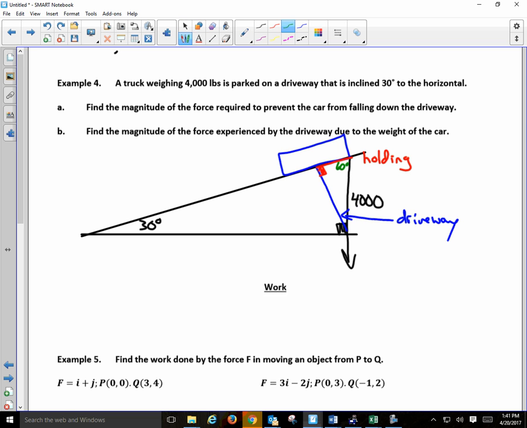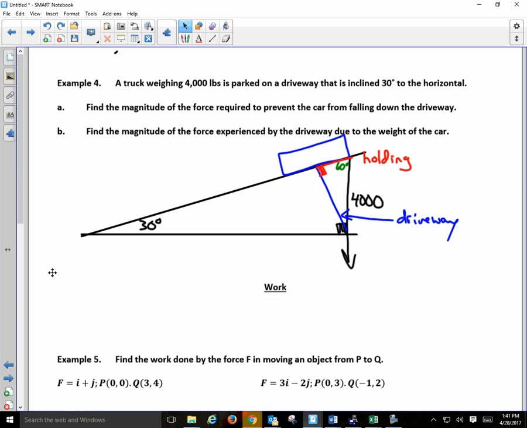Now, let's think about the problem just a little bit so you can understand what's going on. If I have a truck weighing 4,000 pounds sitting in front of me right now, how much force do I have to press against it to keep it from rolling back on me? None. It's sitting on a flat surface with no incline. It's just going to sit here, right?